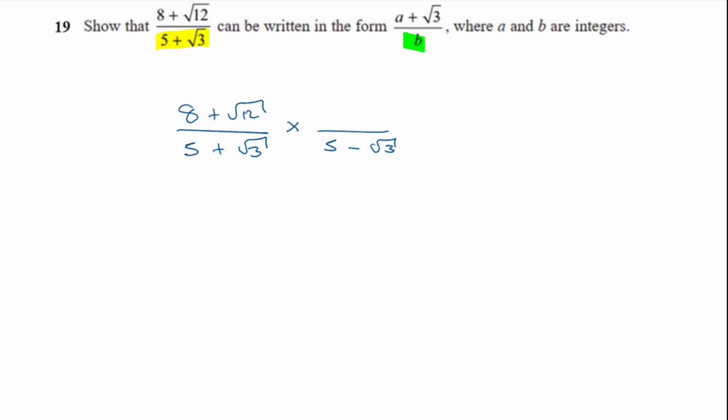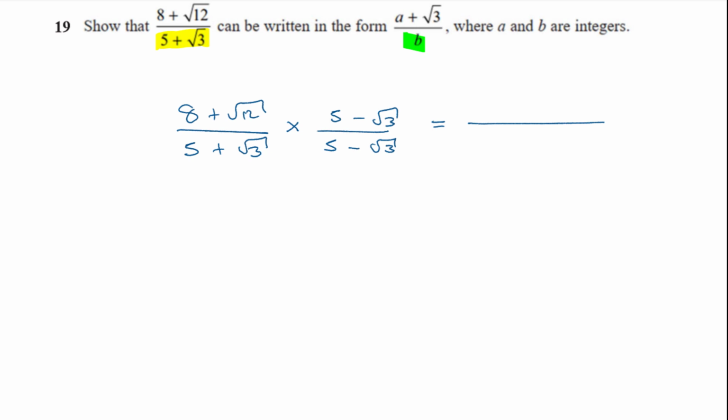If it's 5 minus root 3, you're going to use 5 plus root 3. Okay, now I'm just going to use that over itself, and now anything divided by itself is 1. So multiplying through by this fraction isn't going to change the overall value of my answer, but it will kind of shake up what it looks like and reformulate it a bit.